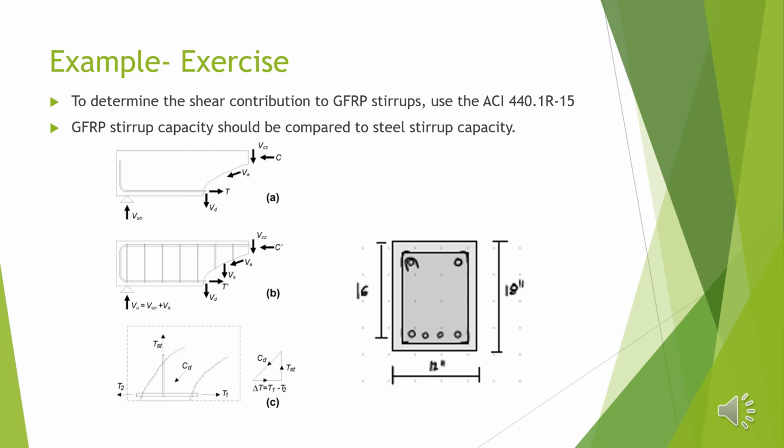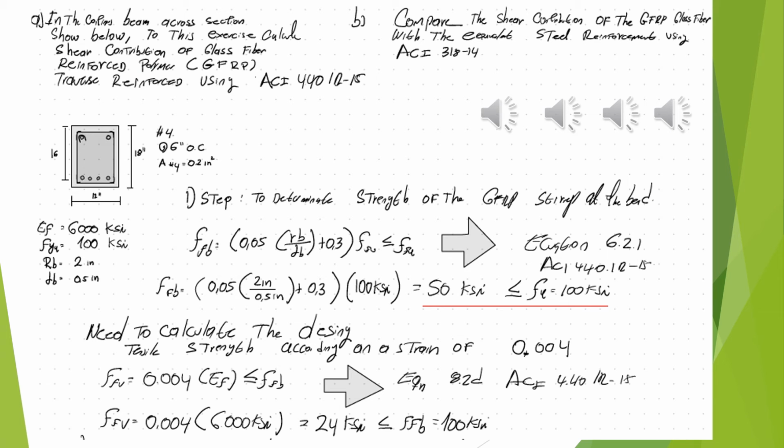Over the next slide, we'll be going over ACI 440.1R-15 to calculate the shear contribution of the GFRP stirrups, as well as the shear contribution of the equivalent volume of steel stirrups. We use the cross section and the number of GFRP stirrups at 6 inches on center, with the given material properties.